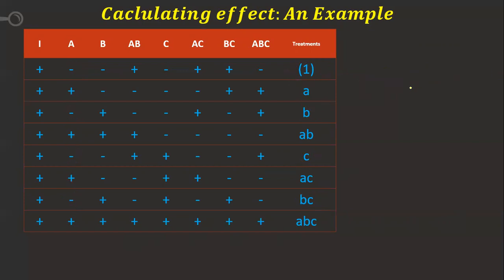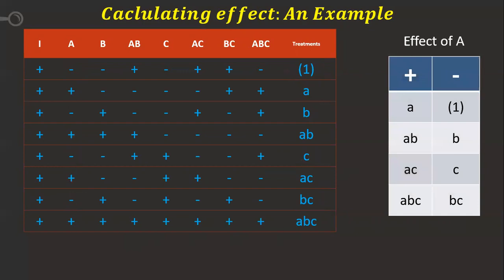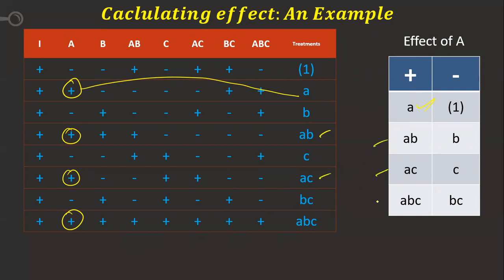Once I finish it, I'll get an equation like this. See, for example, I showed it as an effect. Now here A. What are all the positive values for A? Here, here, here, here. So this corresponds to A. Then AB, AB. Then here AC, here AC. Then positive ABC. I'll take them in one column and then the minus values in another column.